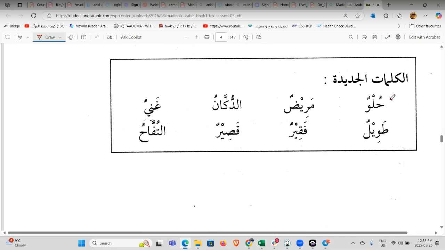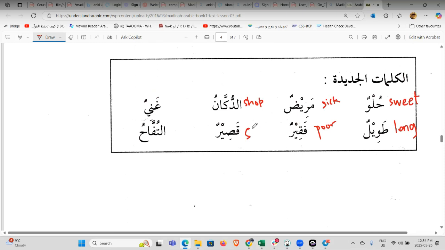So now for more vocabulary. Hulwun means sweet, like candy. Tawilun means long, like a table, long journey, etc. Long. Maridun, we've seen this one, sick. And then faqirun, poor. We have dukanun, a shop, or the shop.